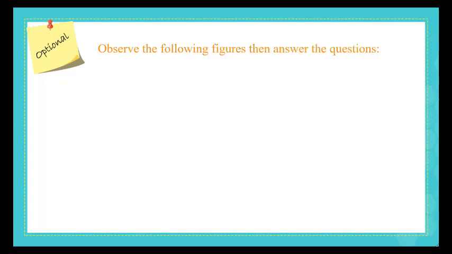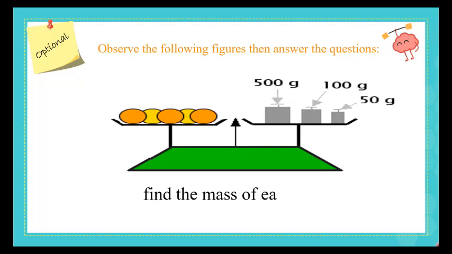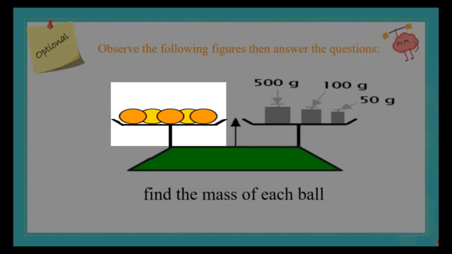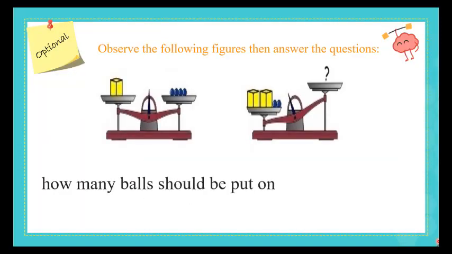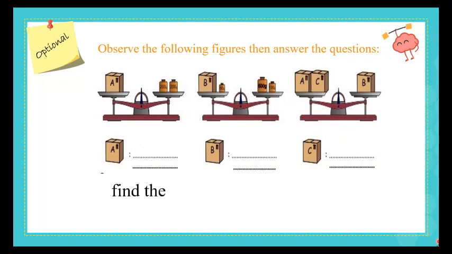Observe the following figures, then answer the questions. Find the mass of each ball, but pay attention that these balls are identical. How many balls should be put on the arm to balance the scale? Find the mass of each package.